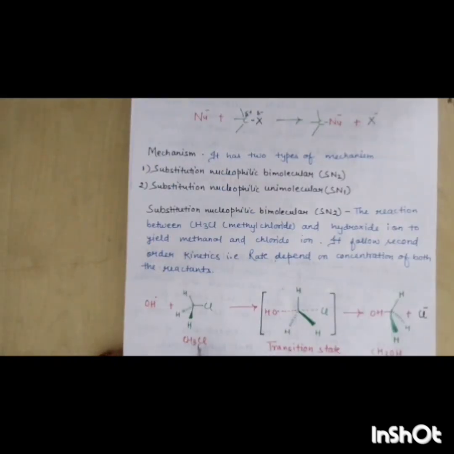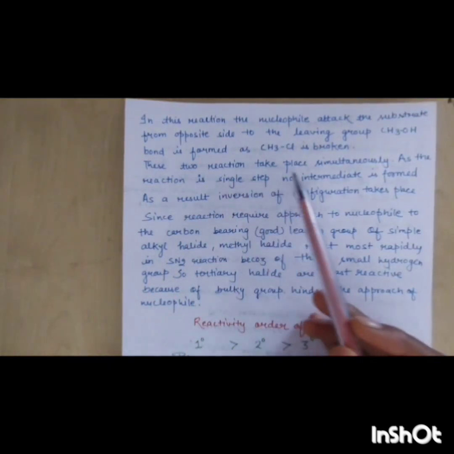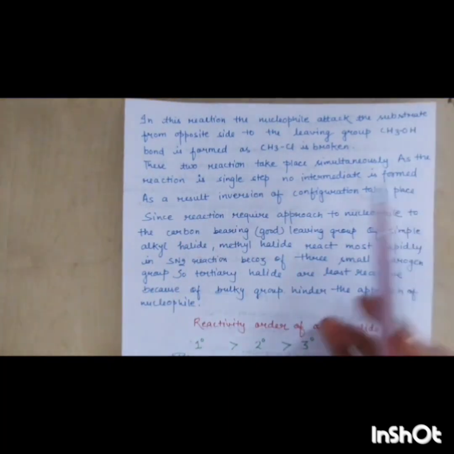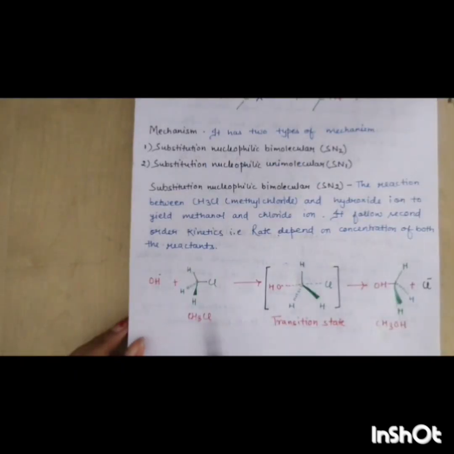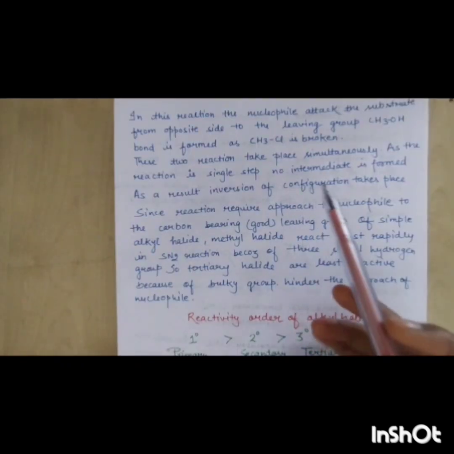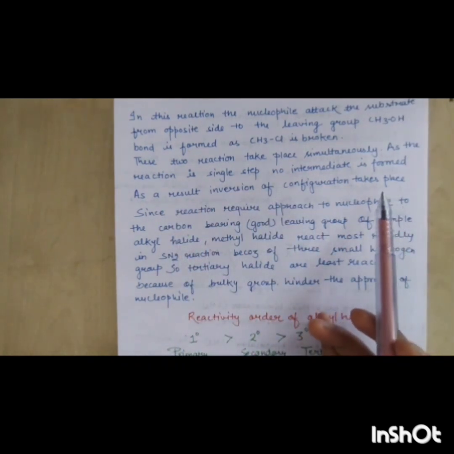As you can see here, the C-Cl bond is broken and the C-OH bond is formed. These two processes take place simultaneously as the reaction is single step, means this reaction takes place in a single step, as no intermediate is formed. As a result, inversion of configuration takes place.